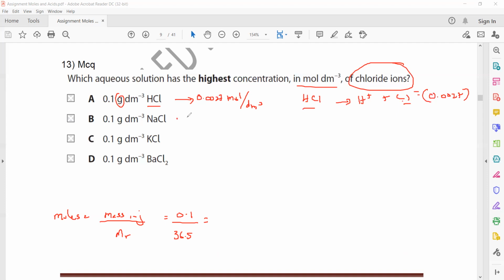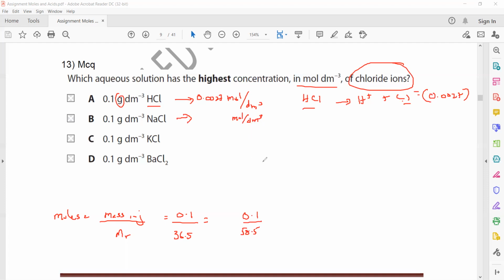Then we check the concentration for sodium chloride in mole per dm³. So moles equal mass in gram over molar mass. Again the mass is 0.1 divided by molar mass. Sodium is 23 and chlorine is 35.5, so it will be 58.5. So 0.1 divided by 58.5. What is the answer in mole per dm³?